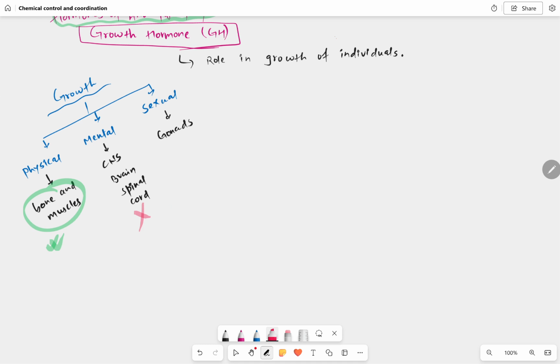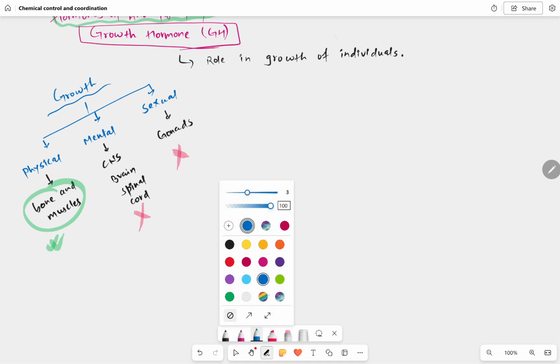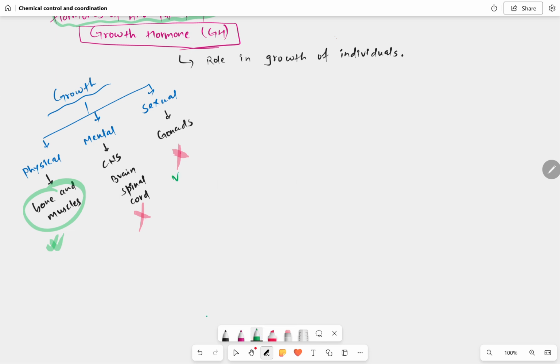There is no role of growth hormone in mental growth, and very little effect is seen on sexual growth by growth hormone.